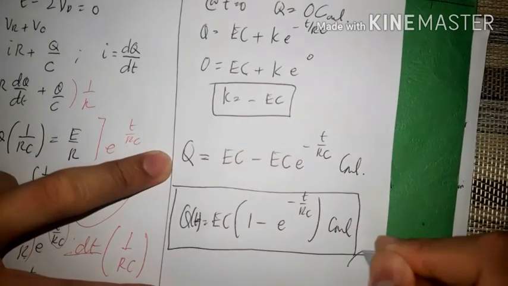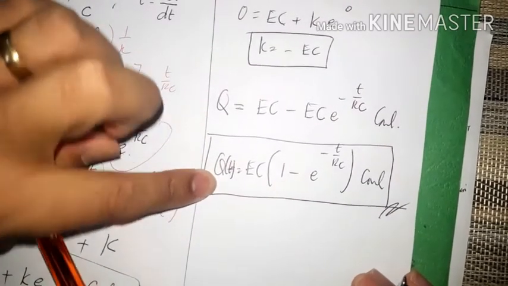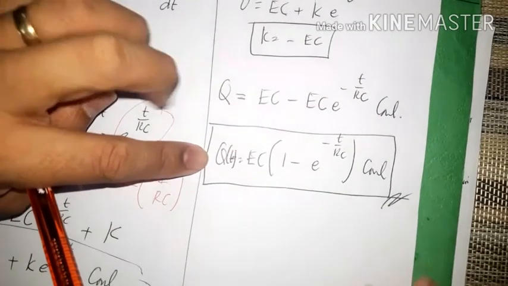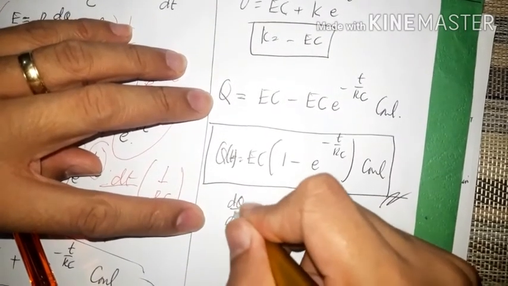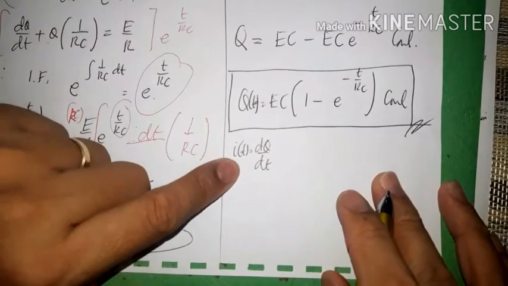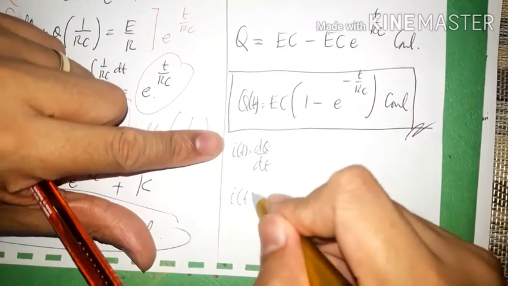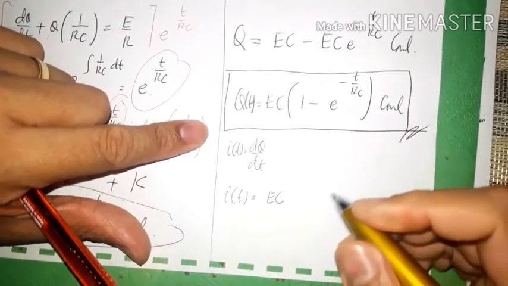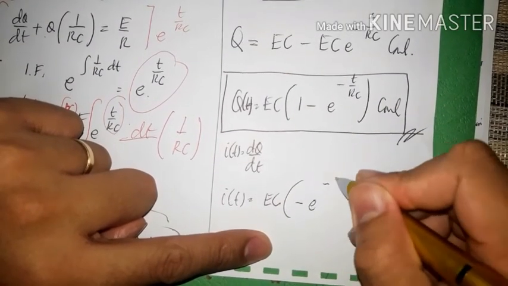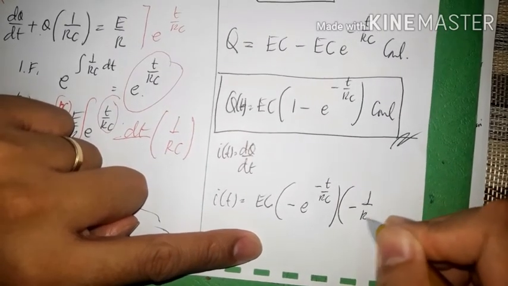So should you wish to find the current through the capacitor, I just need to take the derivative of this one. Di ba, as per definition, the derivative of q with respect to t is actually I of t. So that I of t is equal to EC times the derivative of 1, which is 0, minus the derivative of e to the negative t over RC, multiplied by negative 1 over RC.